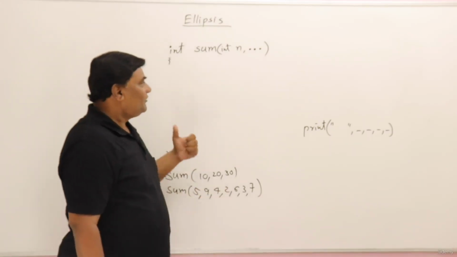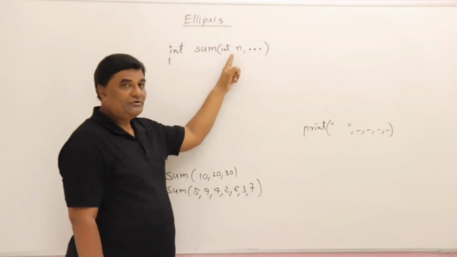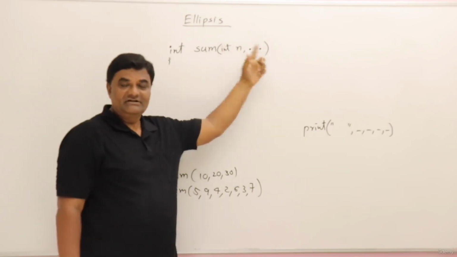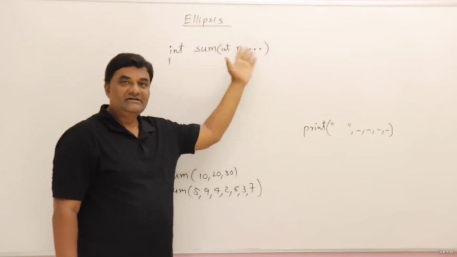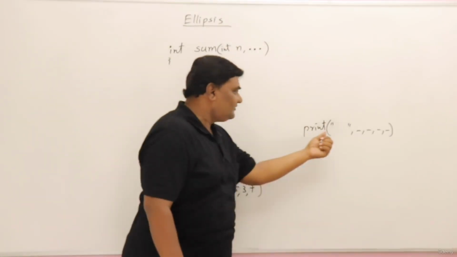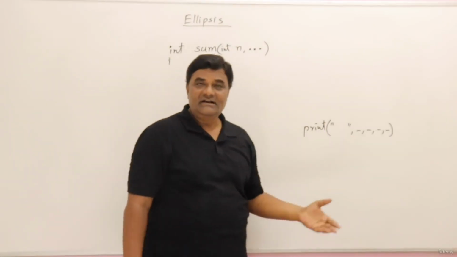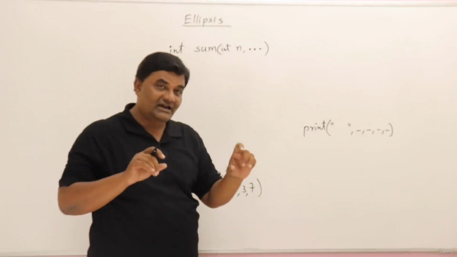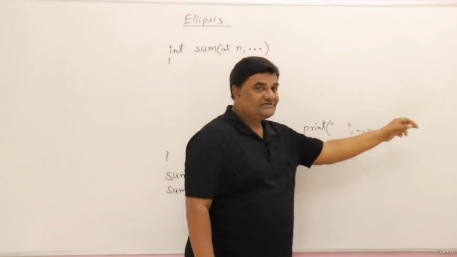Now usually what we do is we pass how many arguments we are passing as n, suppose 3 and 3 numbers, or 5 and then 5 numbers, or 7 and then 7 numbers. So we mention how many arguments are passed. In the same way in printf, we write %d, %f or something. As many control characters as we have written there, that many parameters we can pass.